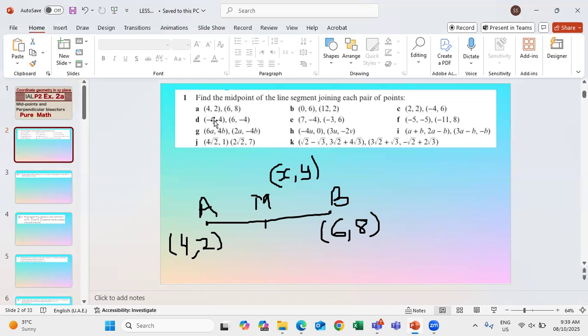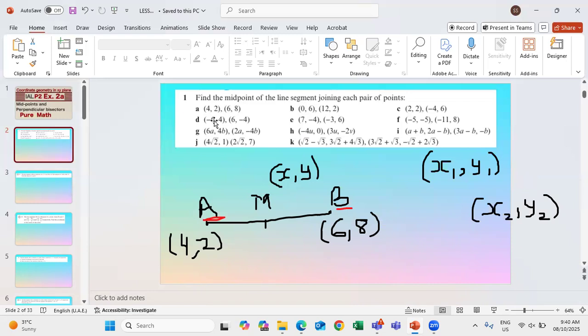Whenever you have to find the midpoint and the line segment's endpoints are given, let's say those endpoints are x1, y1 and x2, y2. These are the points of the line segment given in general. Like here we have A (4, 2) and B (6, 8).